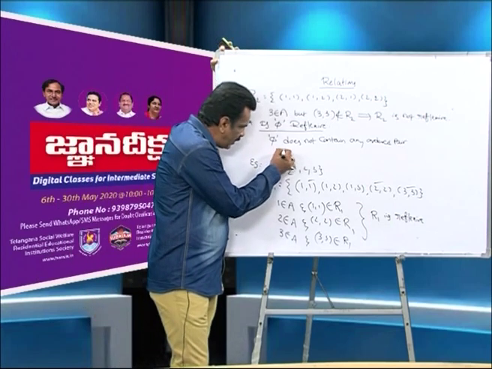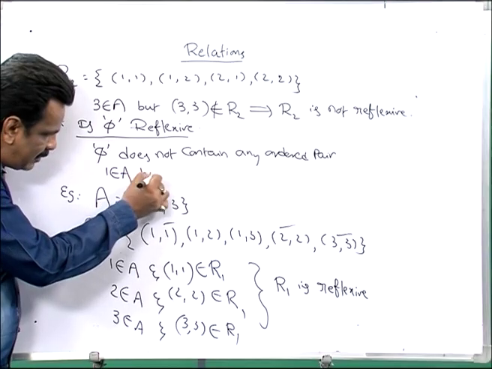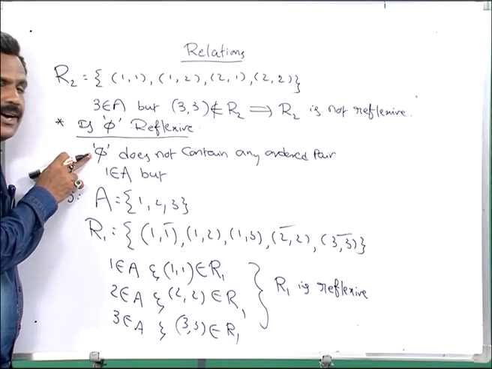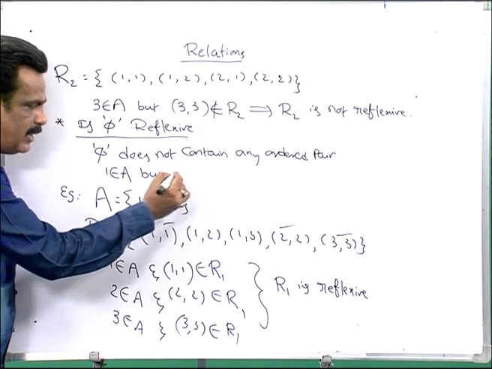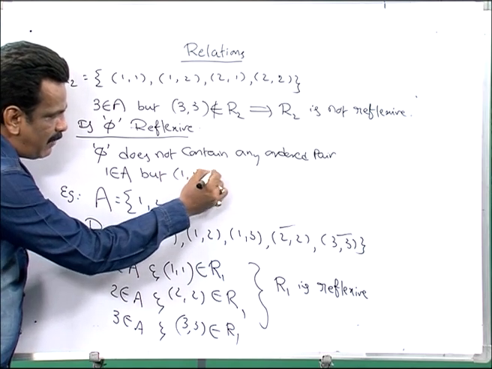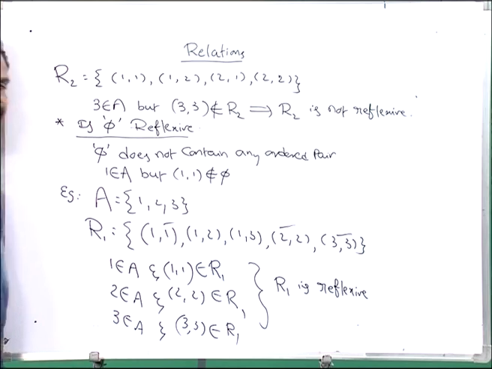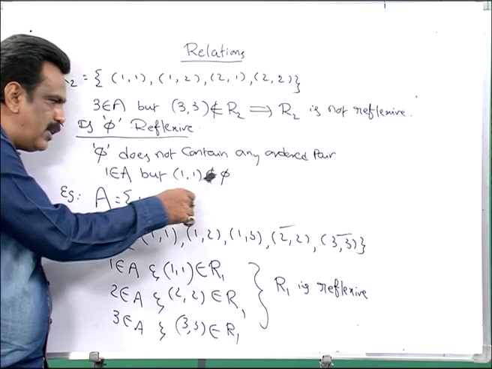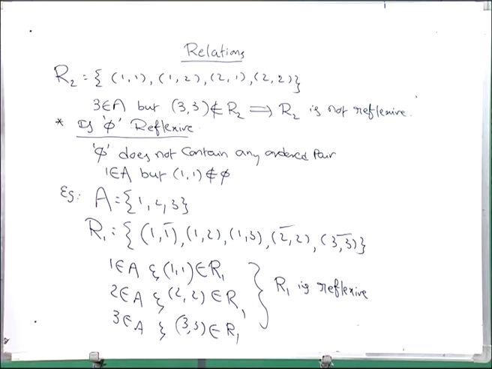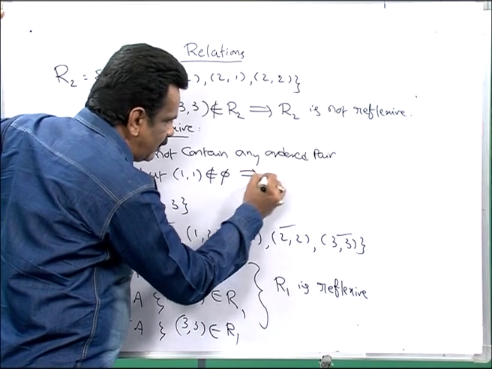See, 1 is an element of A, but as phi doesn't contain any ordered pair, in particular 1 comma 1 doesn't belong to phi. And because 1 comma 1 doesn't belong to phi, that itself is enough to say that phi is not reflexive.